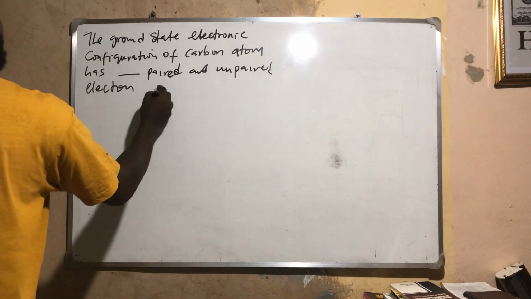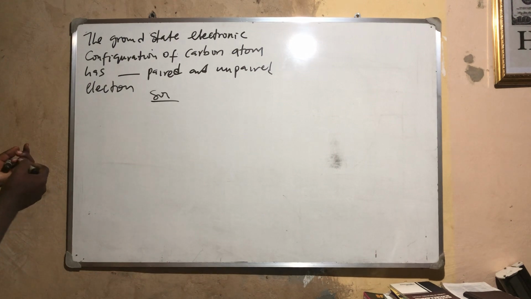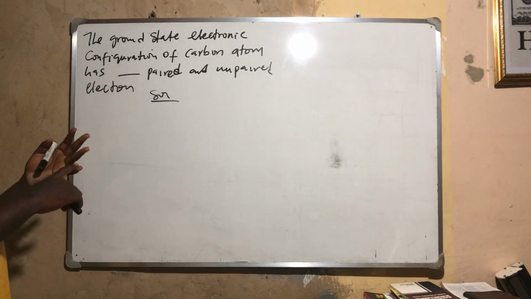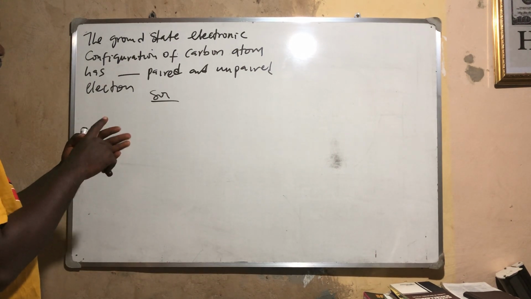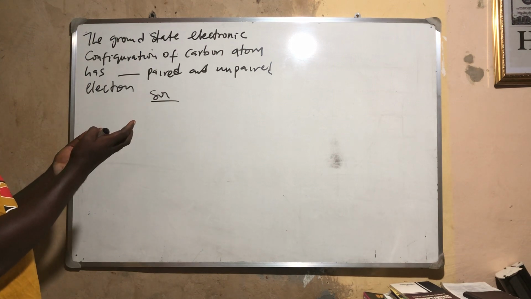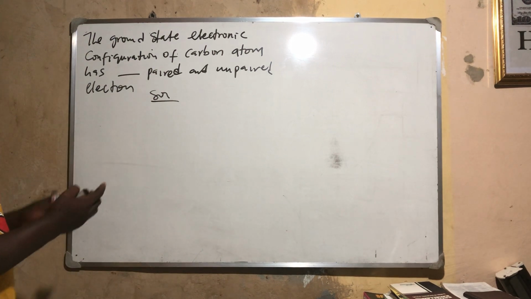All right, solution. You know that carbon is number 6. If you can sing it: hydrogen, helium, lithium, beryllium, boron, carbon. Carbon is 6. It has 6 electrons.